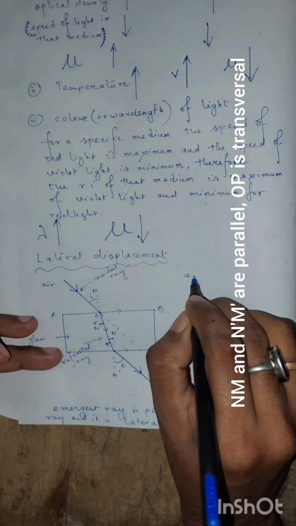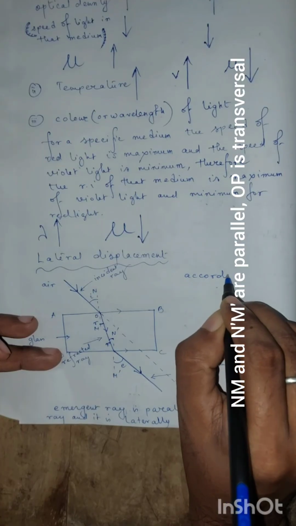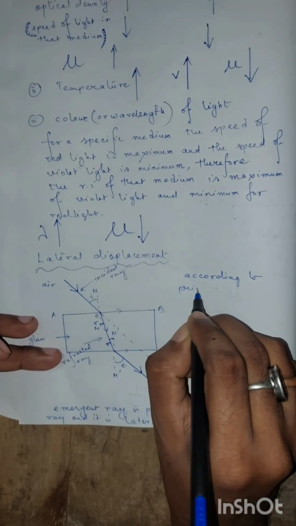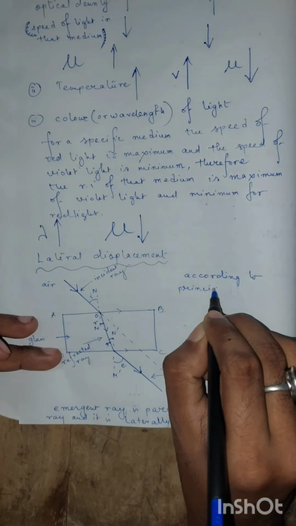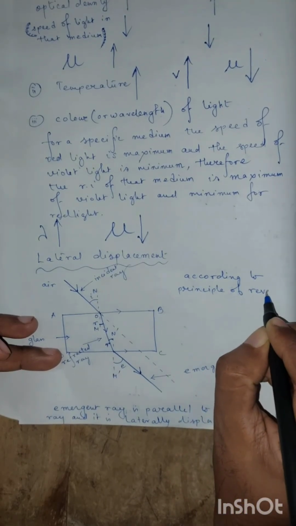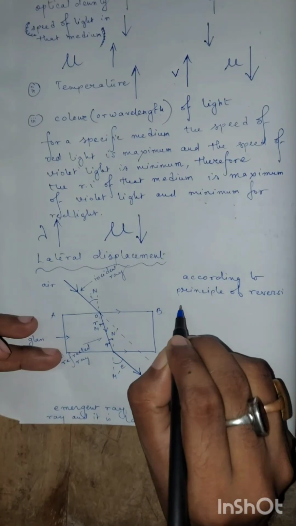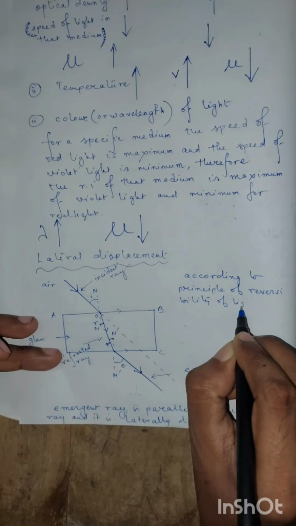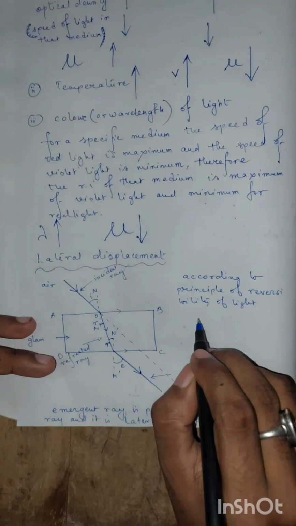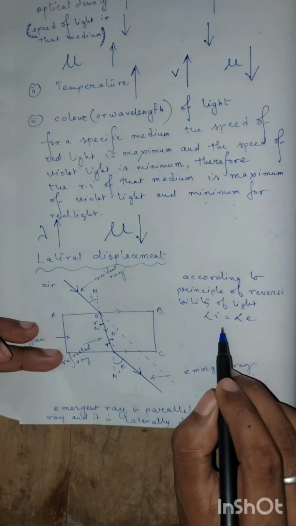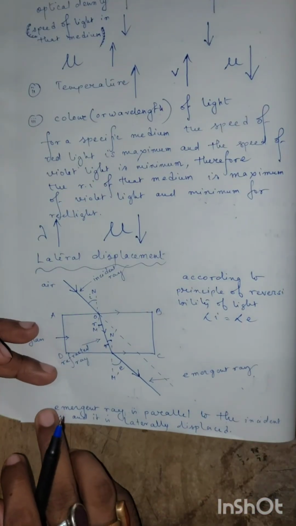According to the principle of reversibility of light, angle I is equal to angle E. That means angle of incidence will be equal to angle of emergence.